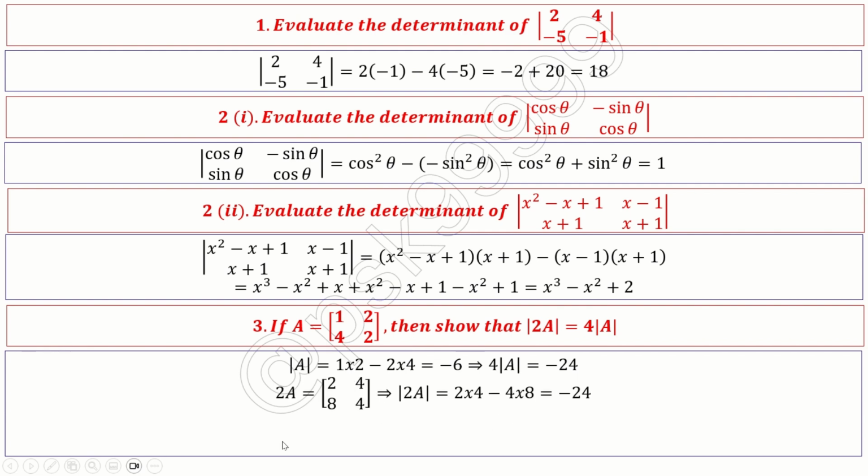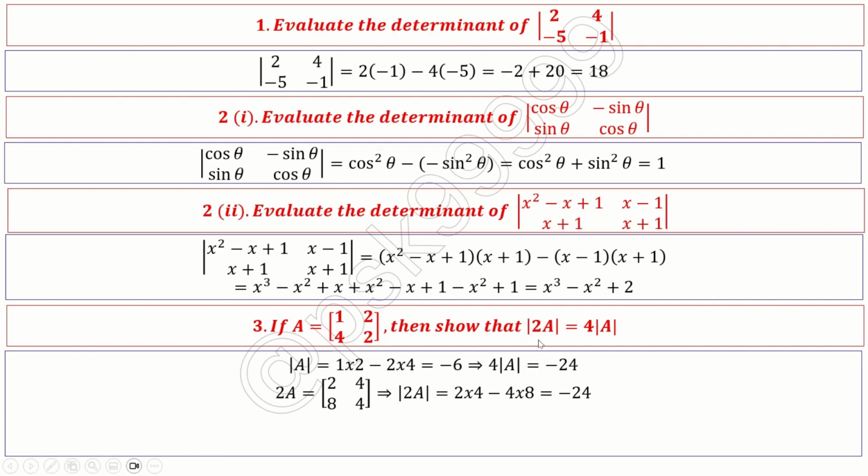Now 2A is nothing but 2 times, I multiply each element, so 2 4 8 4. Now what is my determinant of 2A? This is nothing but 2 into 4 minus 8 into 4, which is minus 24.